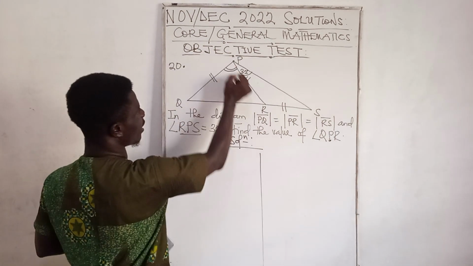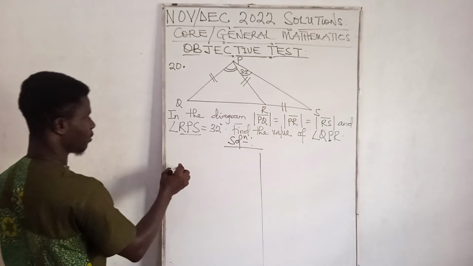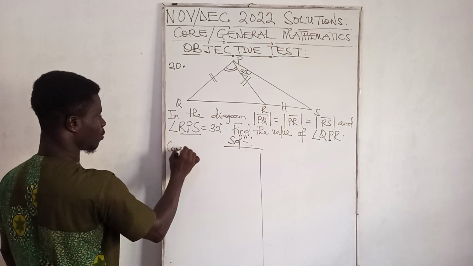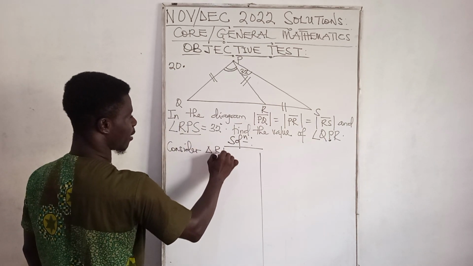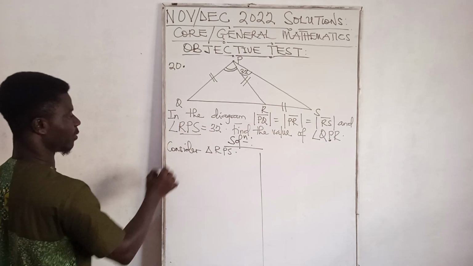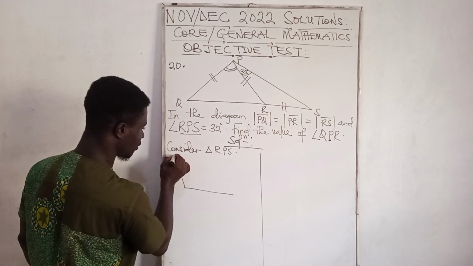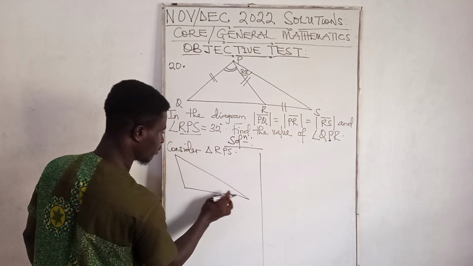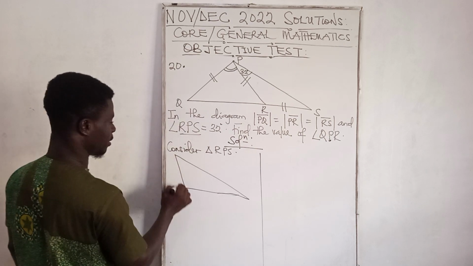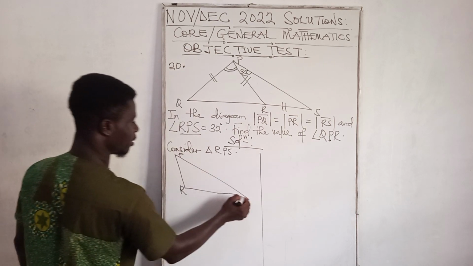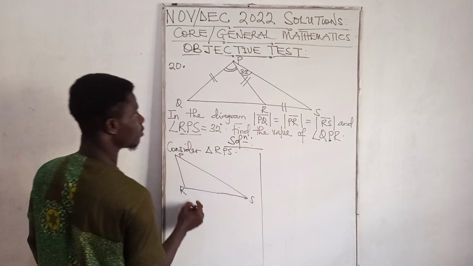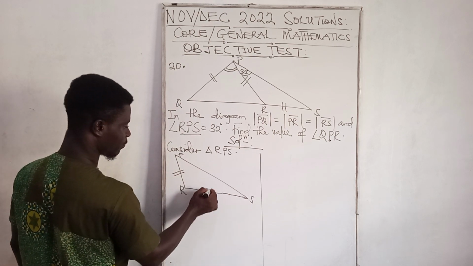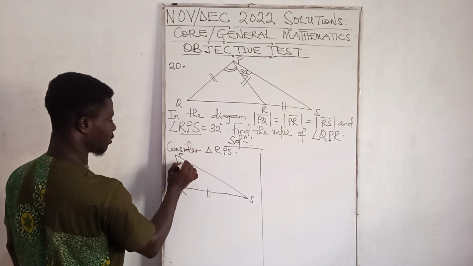Let's consider this triangle. We consider triangle RPS. So this triangle here. So we have this, which is here 32 degrees.